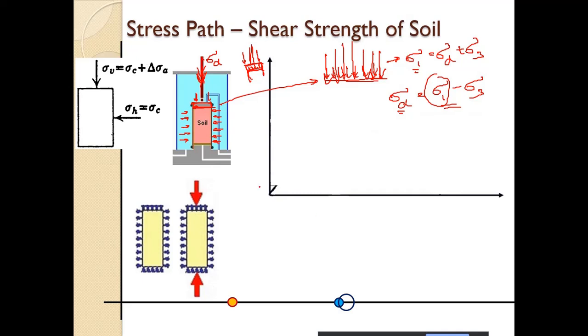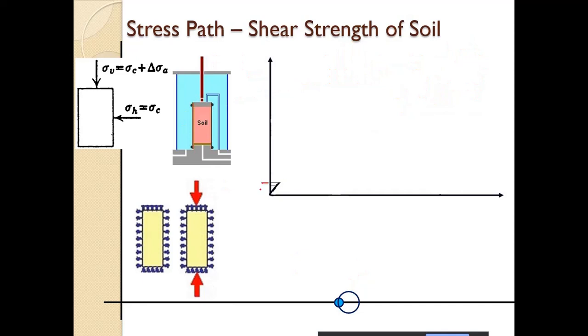Now we apply sigma d, suppose 1 kilonewton. So the diameter of this will be 1 kilonewton. Then we apply 2 kilonewton, so the diameter increases to 2 kilonewton.